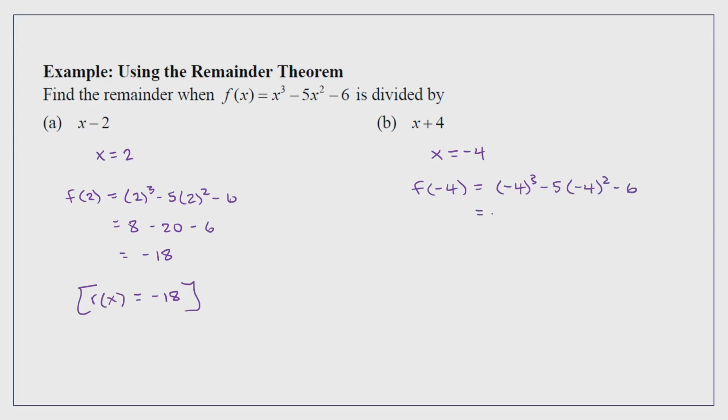Then we can simplify. This will equal negative 64 minus 80 minus 6, which equals negative 150. So the remainder will equal negative 150. Okay?